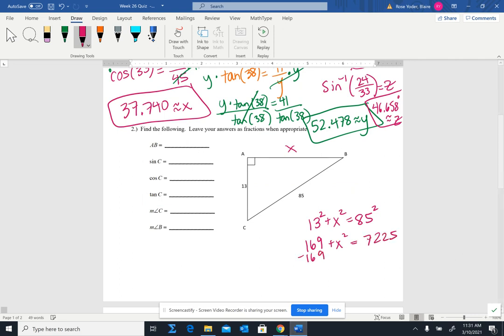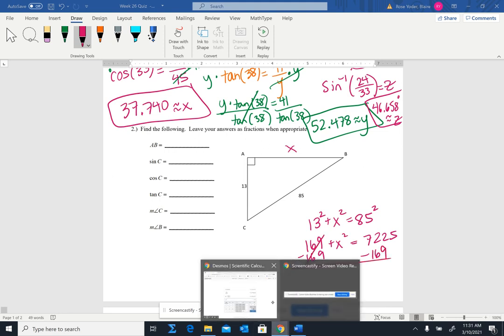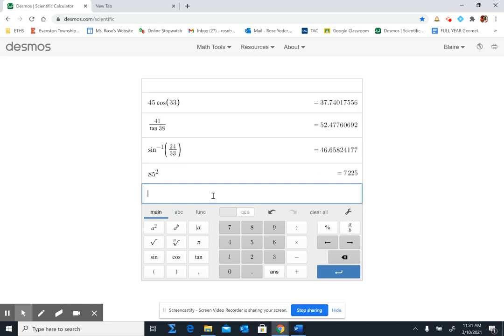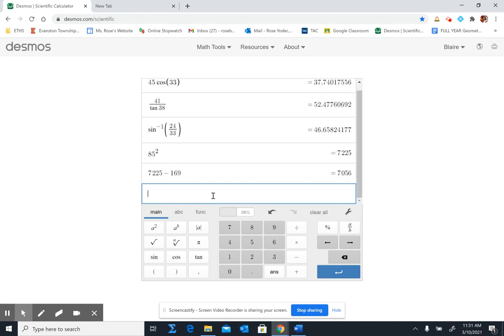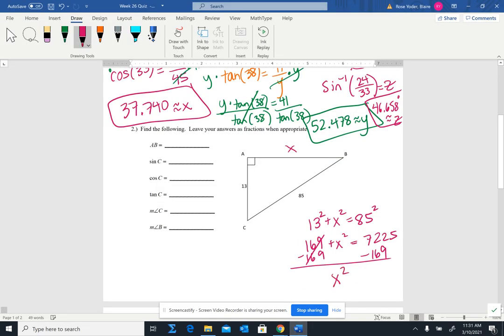And then I'm going to go minus 169, and then whatever I get, I'm going to square root that. So 7225 minus 169 is 7056, and then I'm going to square root 7056, and it's 84. So I'm going to erase my X. I'm going to put 84.